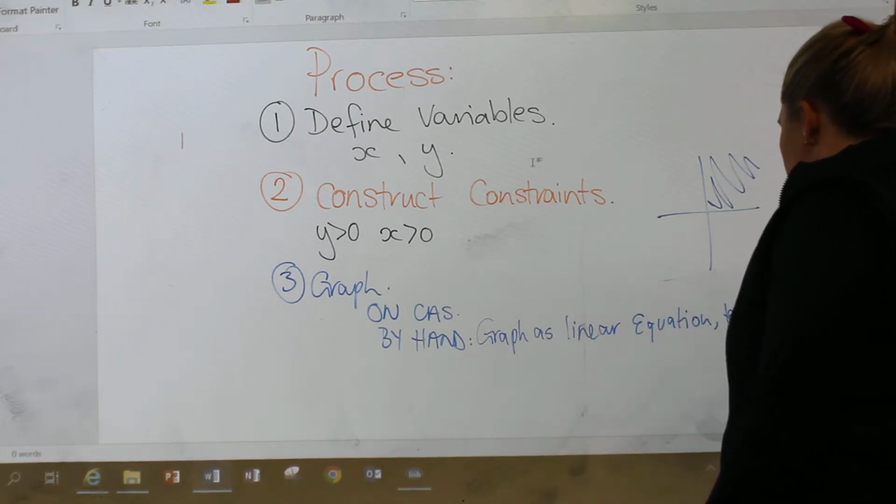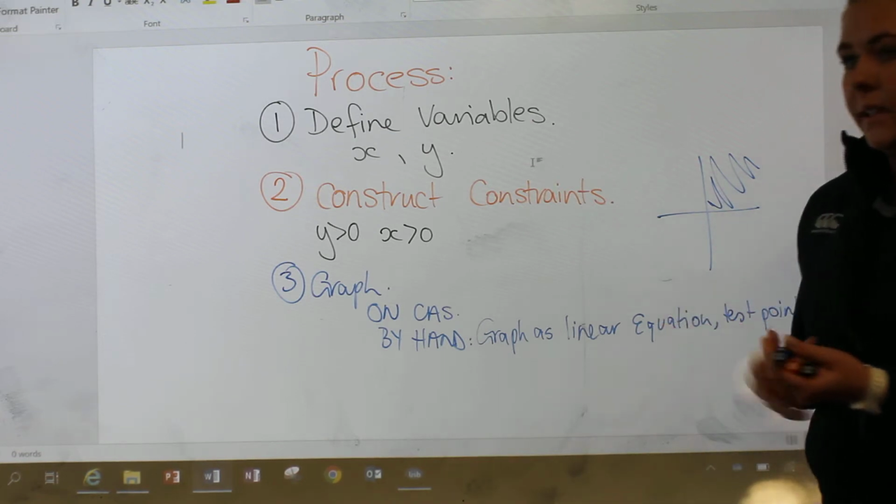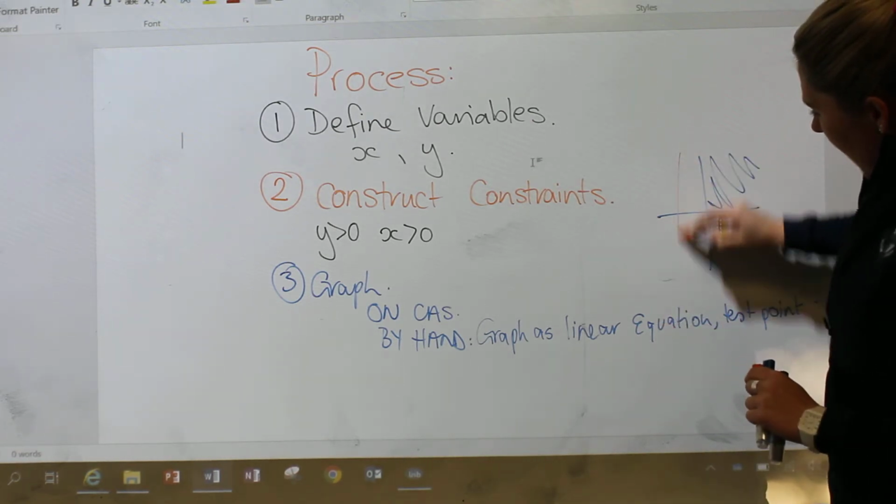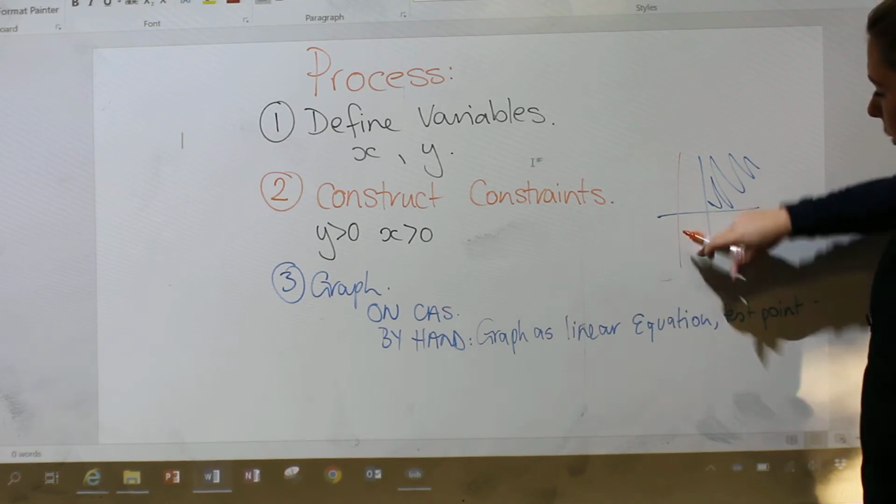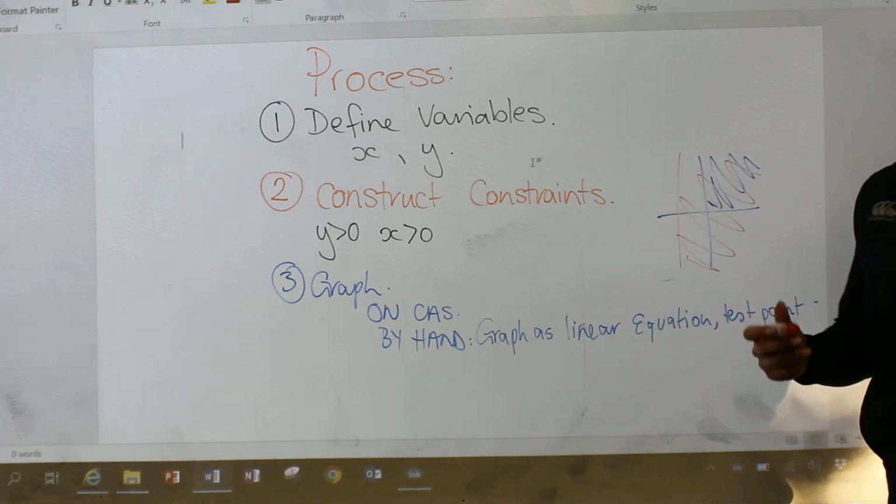When I'm saying test your point, or graph as a linear equation, graph it simply as a line and then work out which side of the line you need to shade.